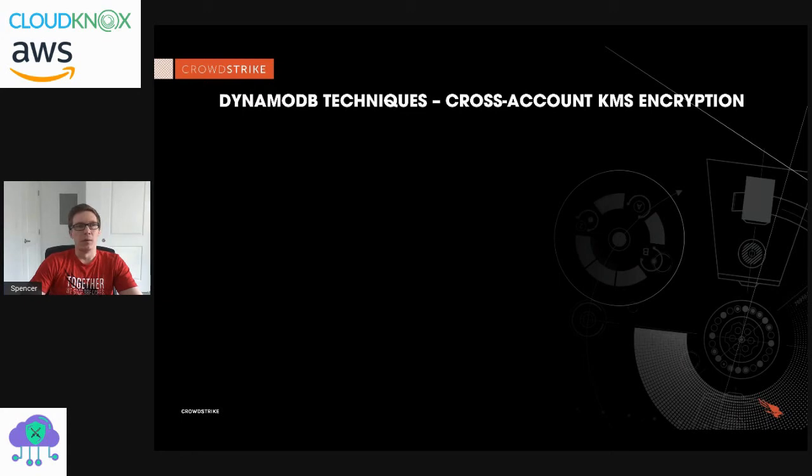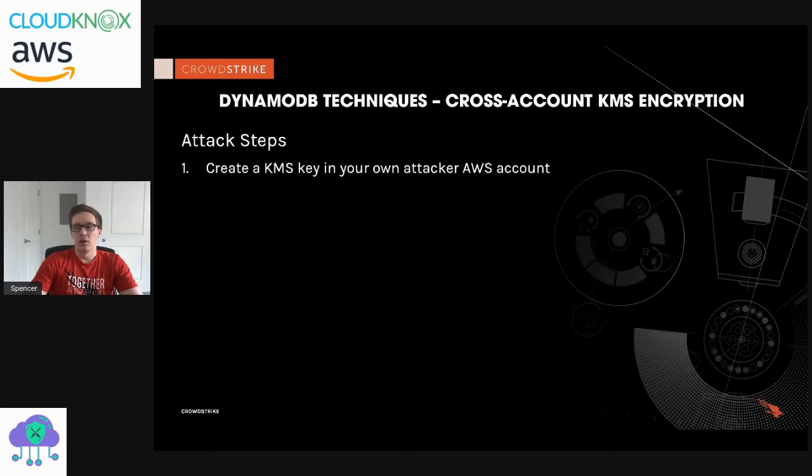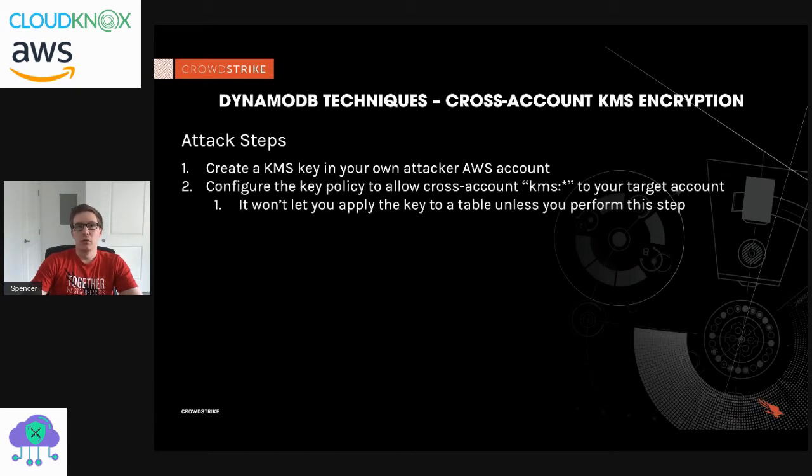The next method for DynamoDB is the cross-account KMS encryption method. We're going to create a KMS key in our own attacker account like we did before for S3. We're going to configure that key policy to grant full access to the key cross-account to our target account.